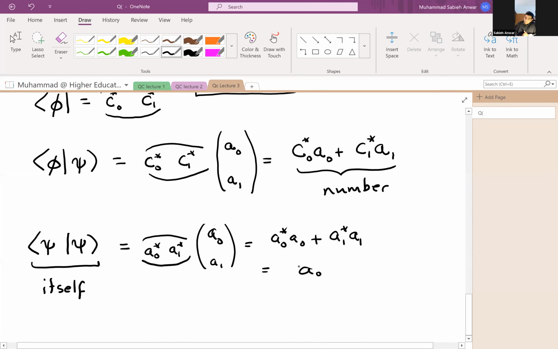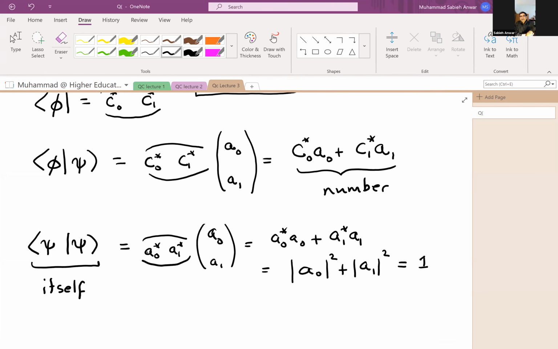This is a0 modulus square plus a1 modulus square, and this must equal 1 because of normalization. Every legitimate quantum state should satisfy this property. We say that the quantum state is then normalized.